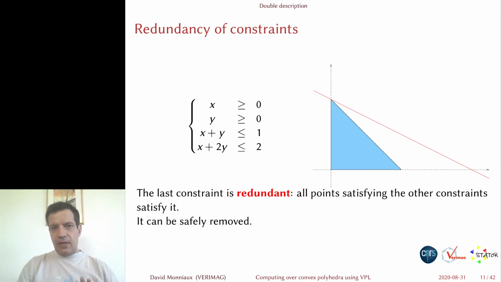And at many points, redundant descriptions create trouble in these libraries. So you need to remove the redundant constraints or the redundant generators, because remember, whatever happens in one description can happen in the other description, so you can have also redundant generators. A redundant generator means that you have a point that is already in the convex hull of the other generators, so you can safely remove it.